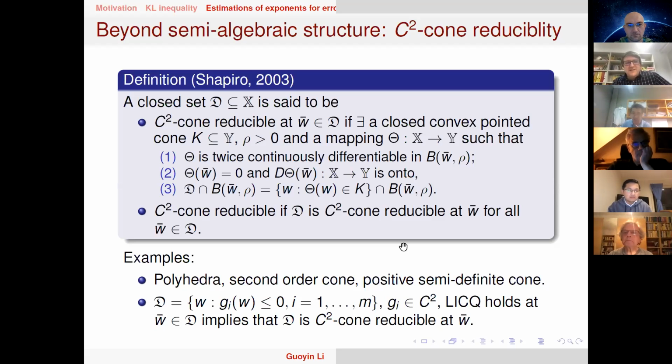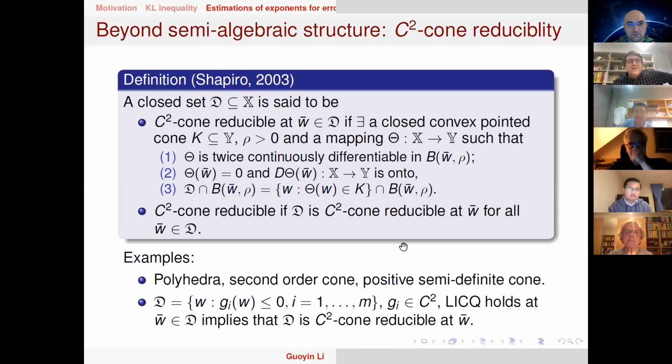What they do is look at the dual. I think they also assume some dual strict complementarity conditions. As long as this kind of condition is satisfied, then you can have the sum rule, so that the exponents can be computed by looking at each piece and what the KL exponents are. It's a very valuable question, and also a valuable contribution by Dima and Adrian.